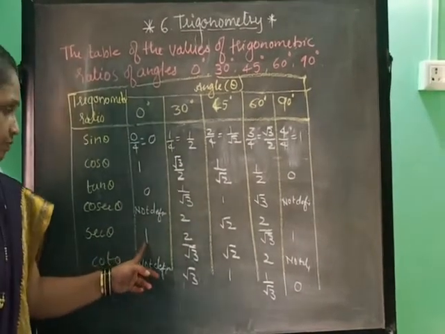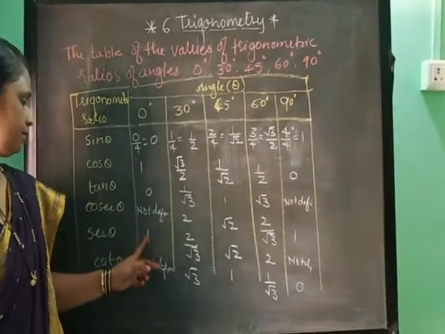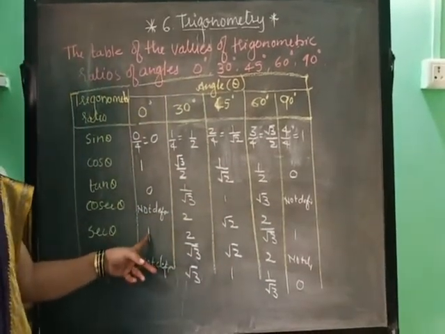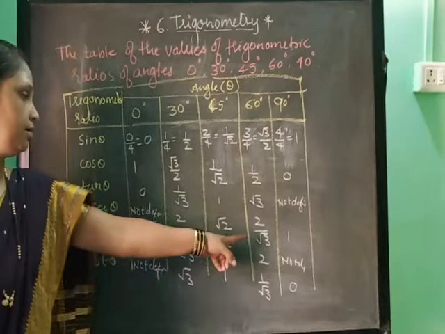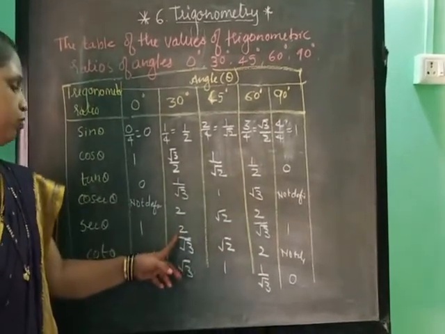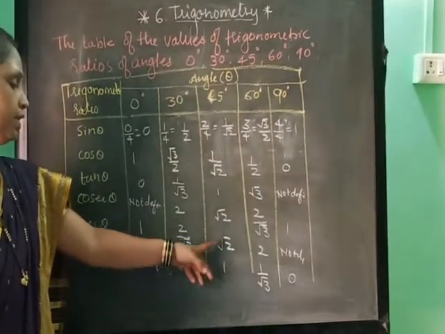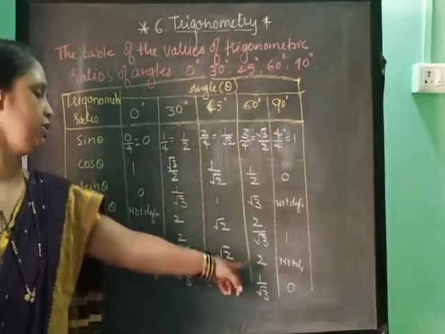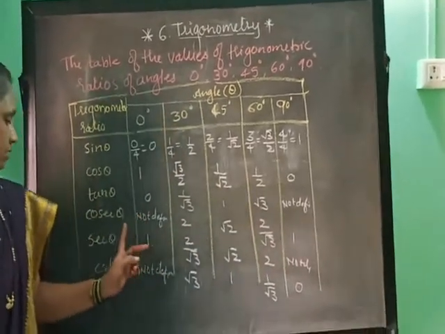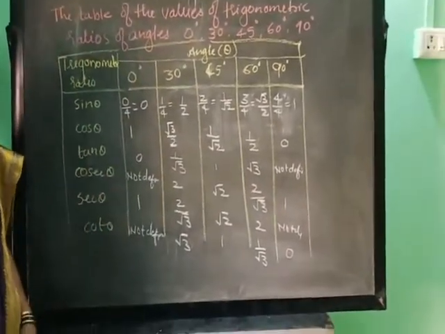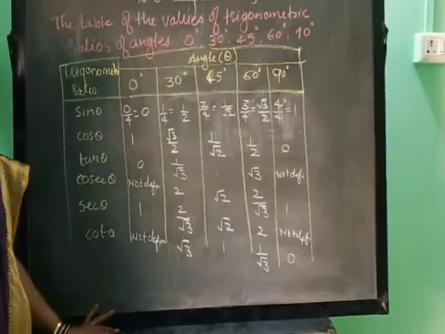Means sec 0 is 1, sec 30 is 2 by root 3, sec 45 is root 2, sec 60 is 2, and sec 90 is not defined.